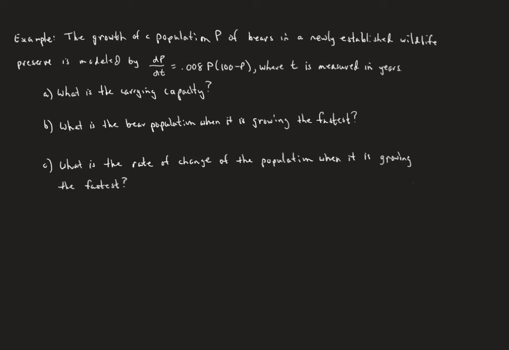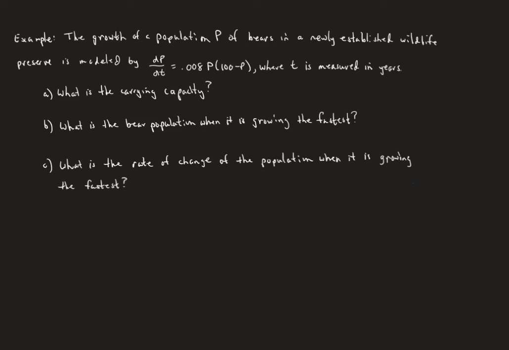We're told that the growth of a population of bears, the population P of bears in a newly established wildlife preserve, is modeled by dP/dt equals 0.008 P times (100 minus P). T is measured in years. So this is our logistic growth model. So these are the typical questions you'll be asked.